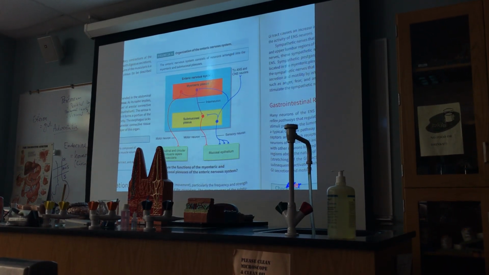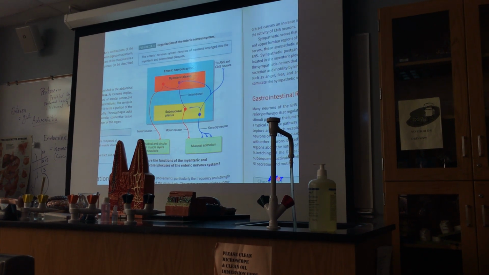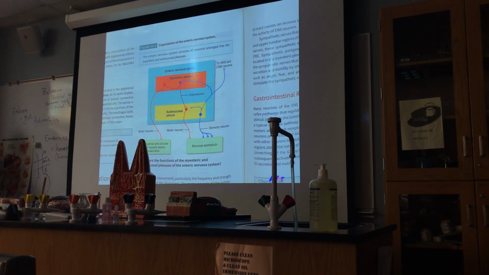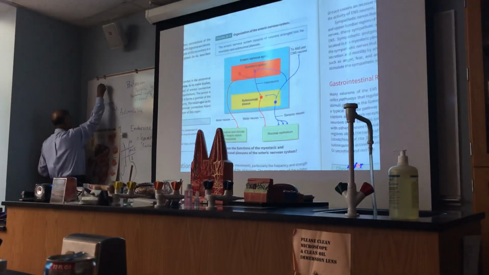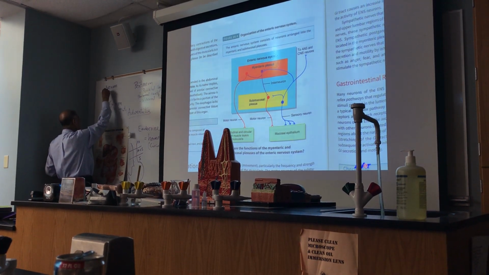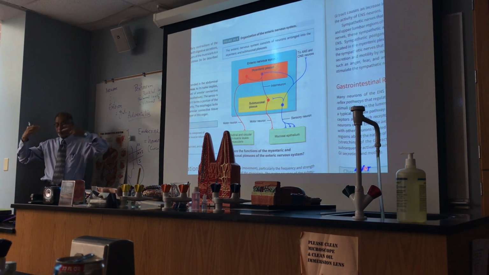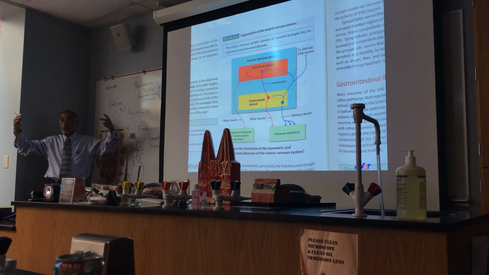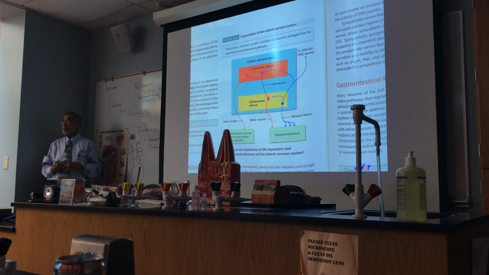Now I should tell you that neurons, or the nerve cells, are classified into 3 different types on the basis of the direction of propagation of nerve impulses.